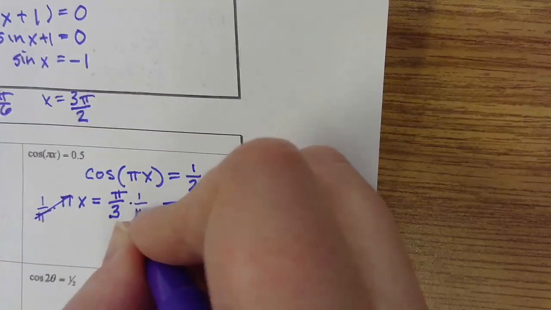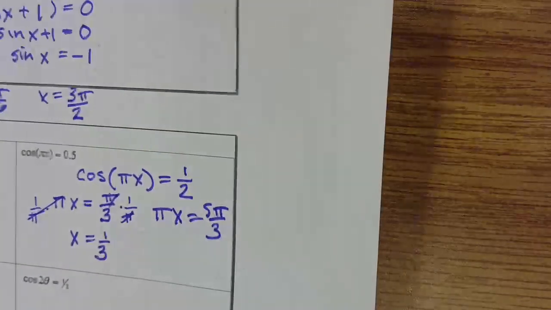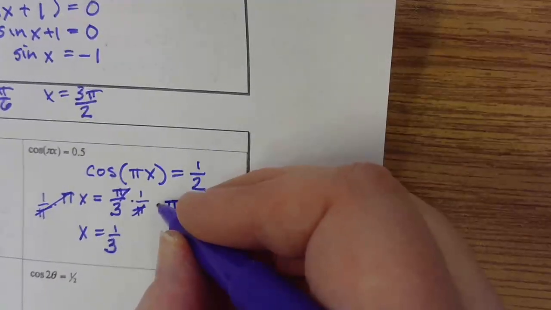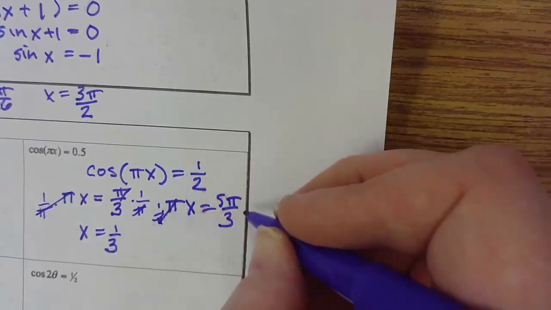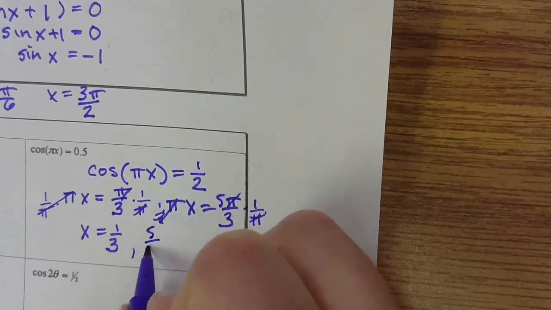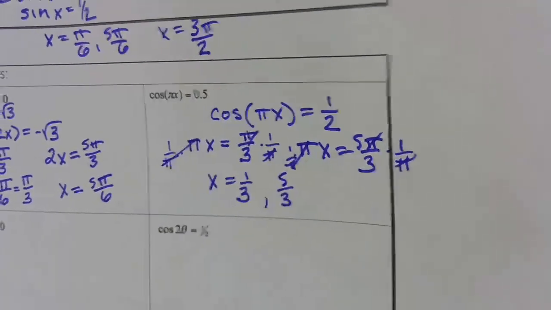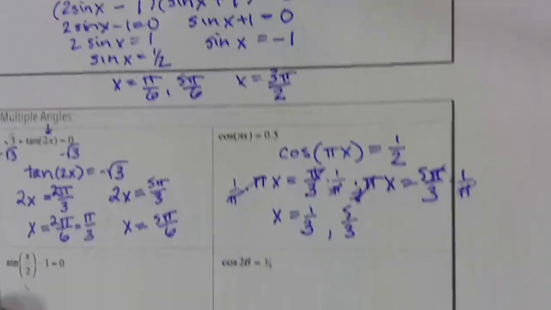You might want to think about it as multiplying by 1 over pi. So x equals 1/3, and obviously the same thing would happen over here. So it would be 1/3 and 5/3 as our solutions here. Sorry, it's a bit getting under the cord there.